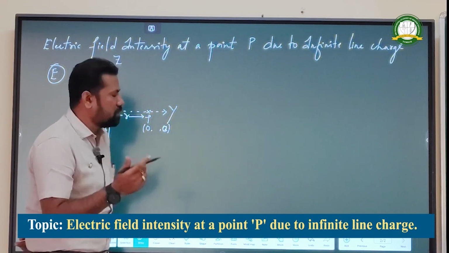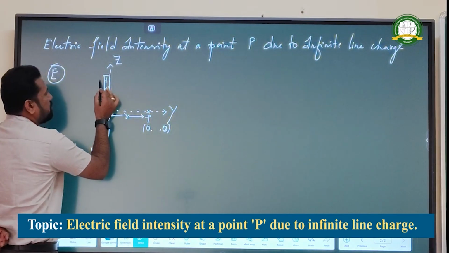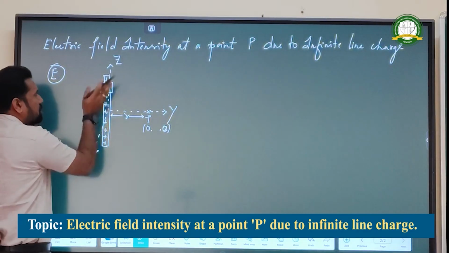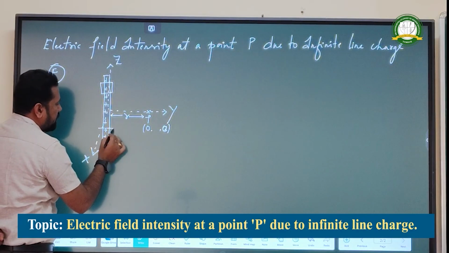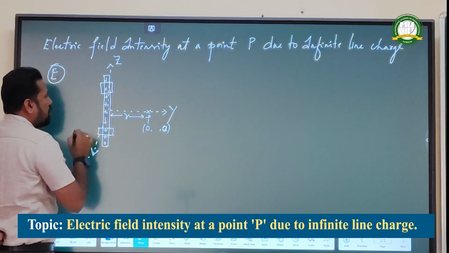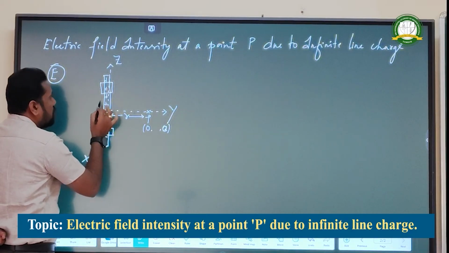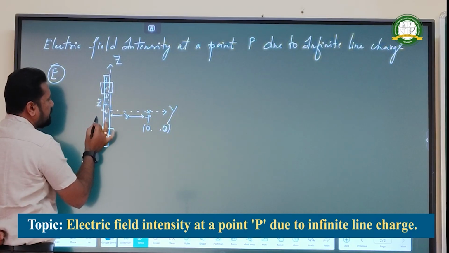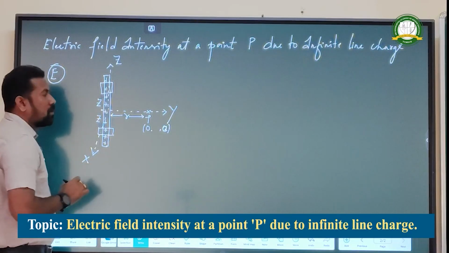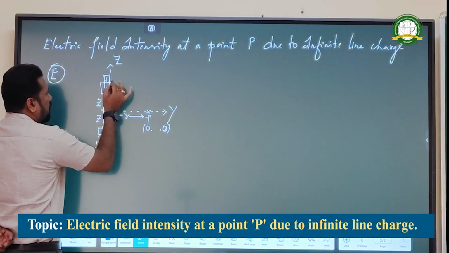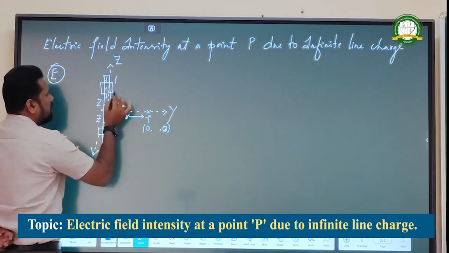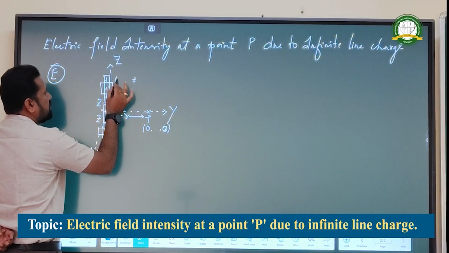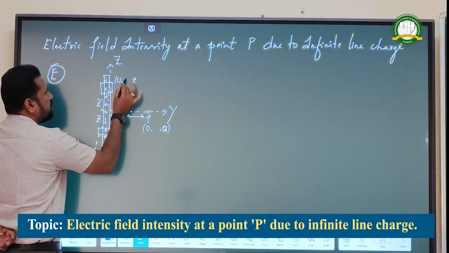So what I am going to do now, let me consider a small differential segment, both the side, positive z as well as negative z, and the distance from the origin to the small differential segment is, let us say, z. So the coordinates across z axis is z, and the x coefficient is 0 and the y coefficient is 0.